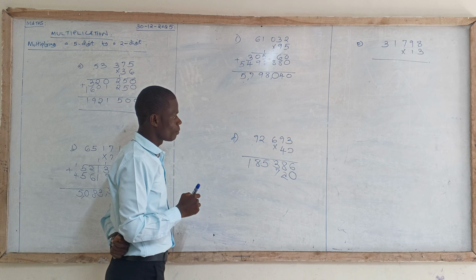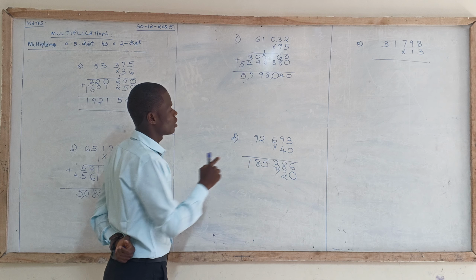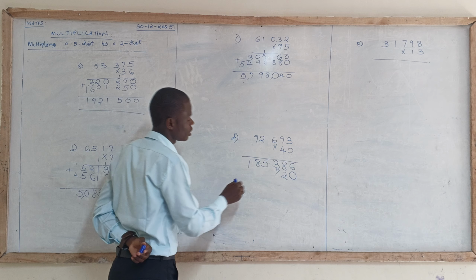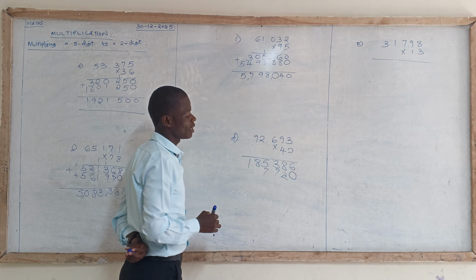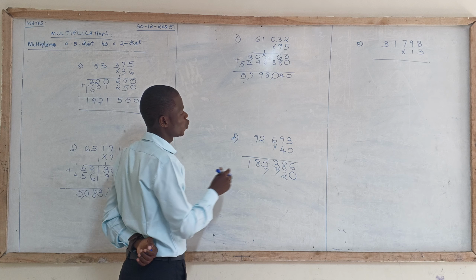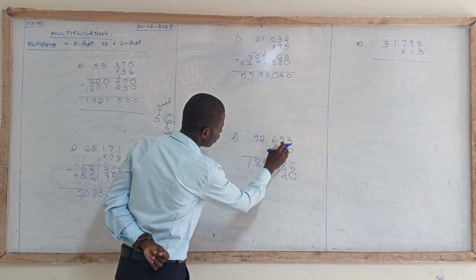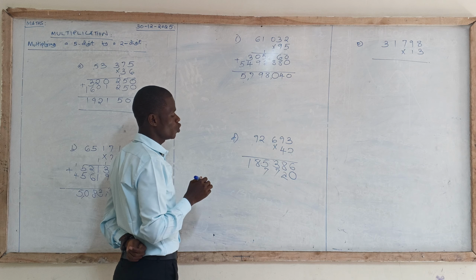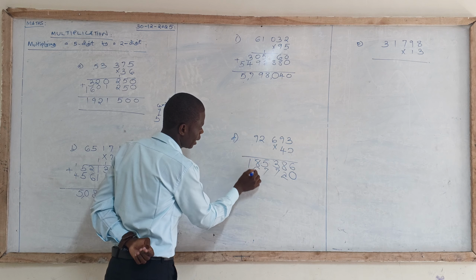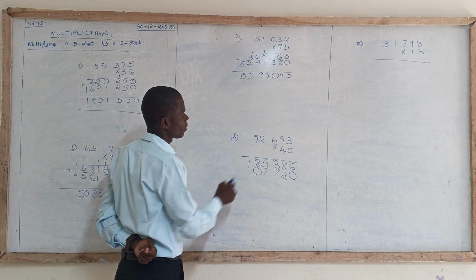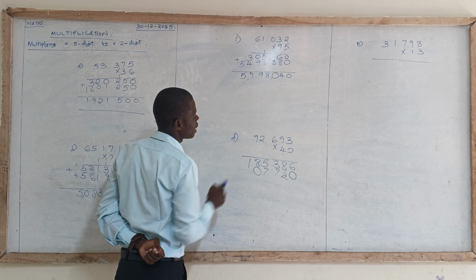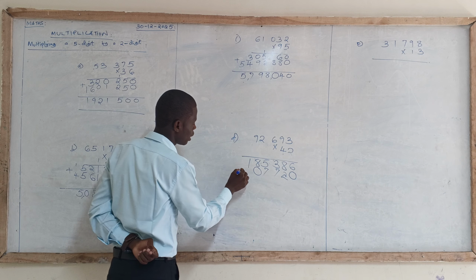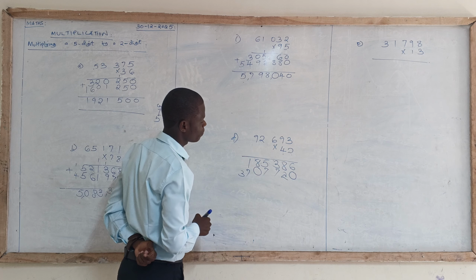That is 24. Remember you carried 3. 24 plus 3, that's now 27. Write 7, carry 2. 4 times 2, that is 8. Plus 2, 10. We write 0, we carry 1. 4 times 9, that's now 36. 36 plus 1, this is now 37.